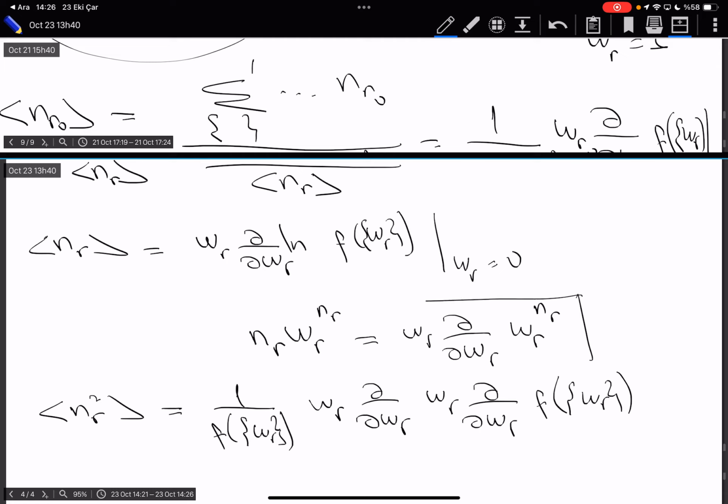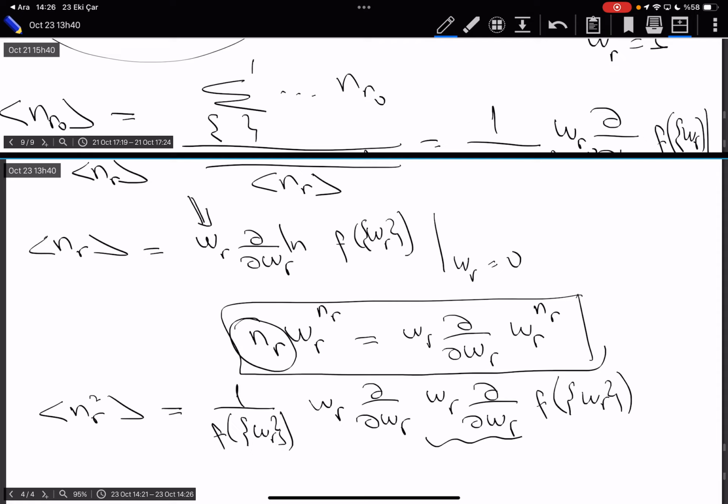Due to this identity, the action of omega r times the derivative with respect to omega r just brings down a factor nr. Since we are setting omega r to 1 eventually, multiplying by omega r doesn't really make any difference here, but here it makes a difference because I'm taking the derivative with respect to omega r before setting it to 1. That is why I'm multiplying with omega r since the beginning.